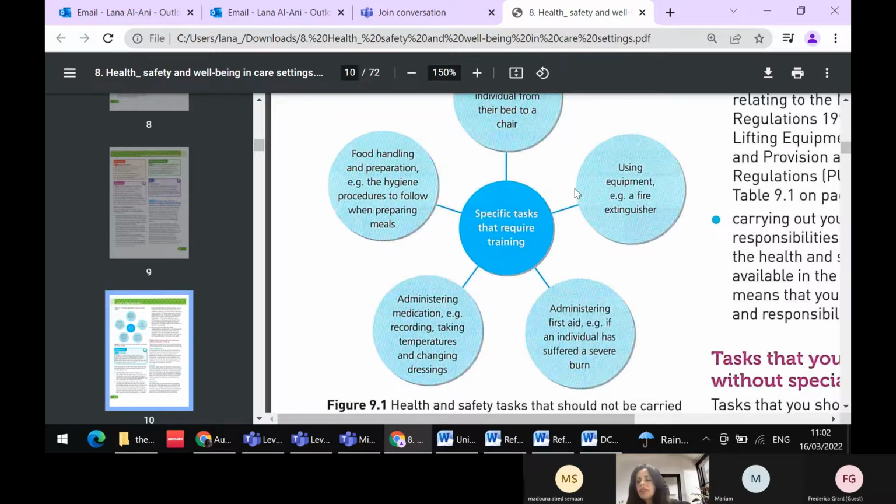Also the administration of first aid. You can't give someone any specific medicine or any cream if there is any severe burn, if there is any cut. You shouldn't be dealing with this if you have never been trained to do it.